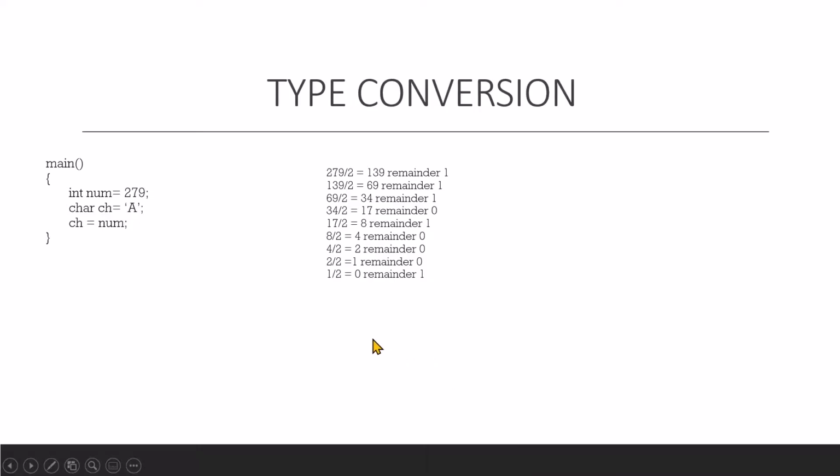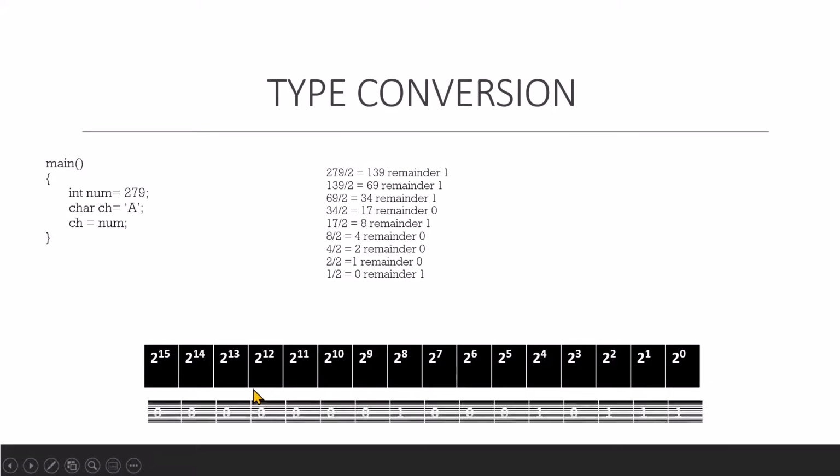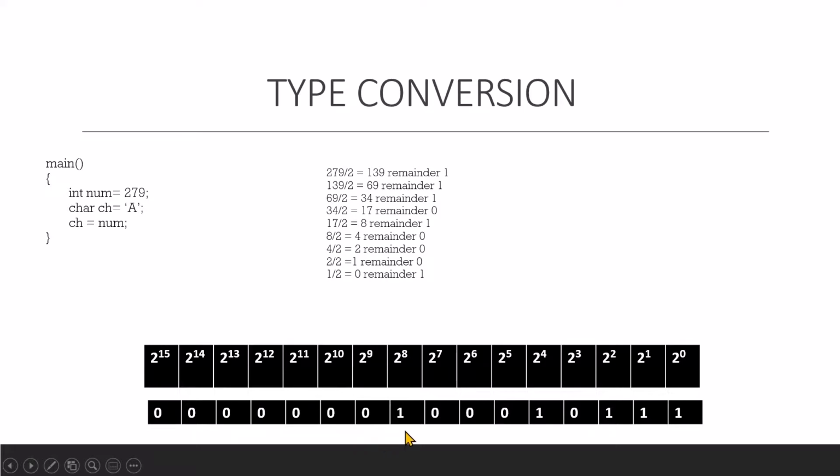So here we have 279 converted to binary, and of course our code on the left hand side. Now if we lay down the bases and then line up our remainders, right? So we have 2 raised to 8, which is 256, plus 16, plus 4, plus 2, plus 1, which will give us 279. On the left, of course, we just have padding because remember this is 16 bits for the short integer.